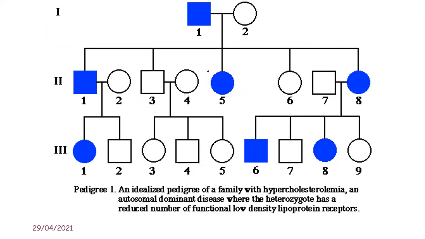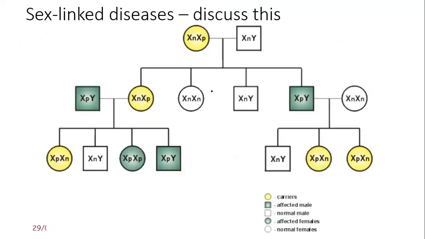What we're going to look at now is a sex-linked disease. If I could get this page to move on. Here we go, sex-linked diseases. Okay, so yellow identifies carriers. Blue identifies affected individuals.